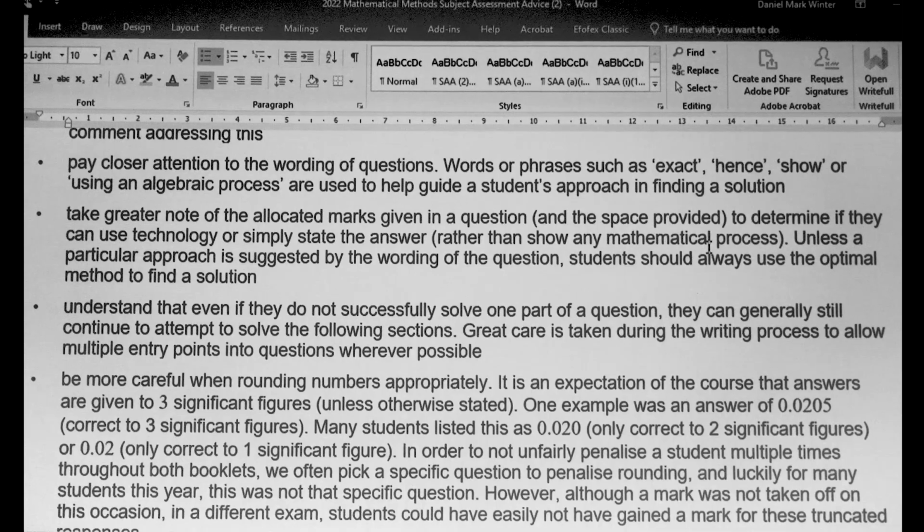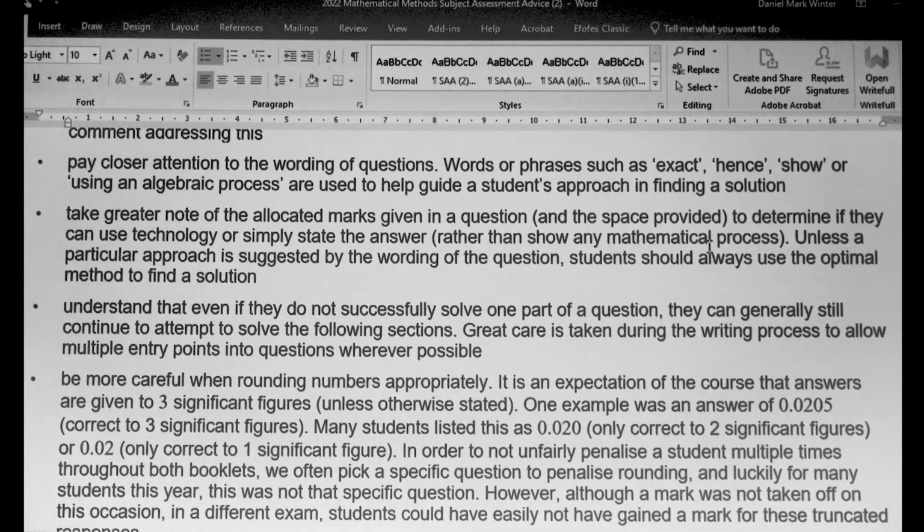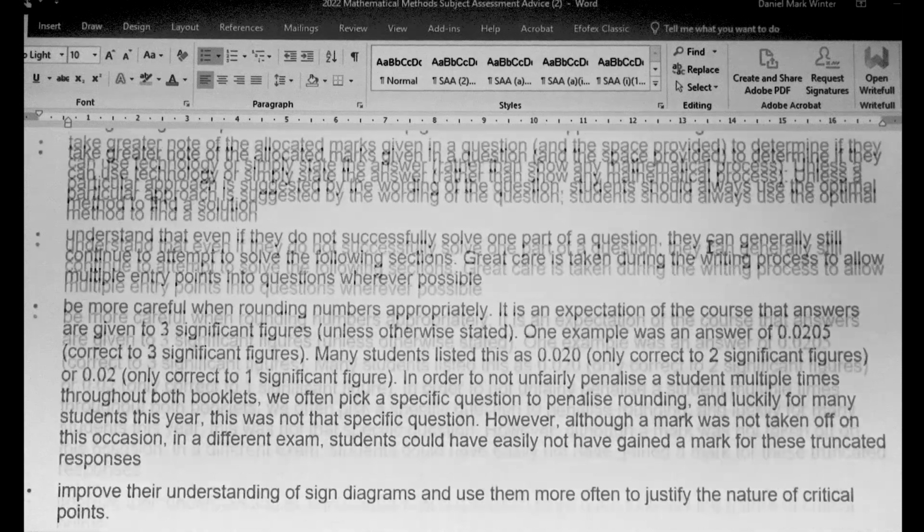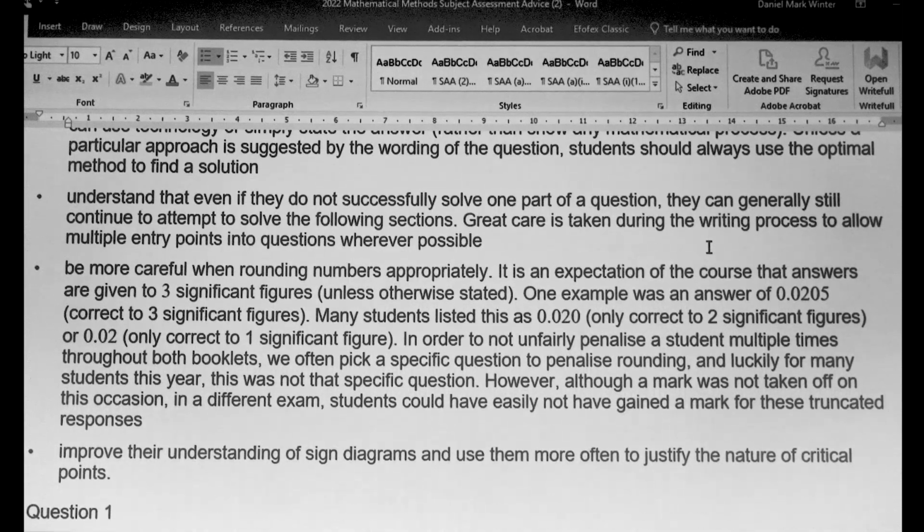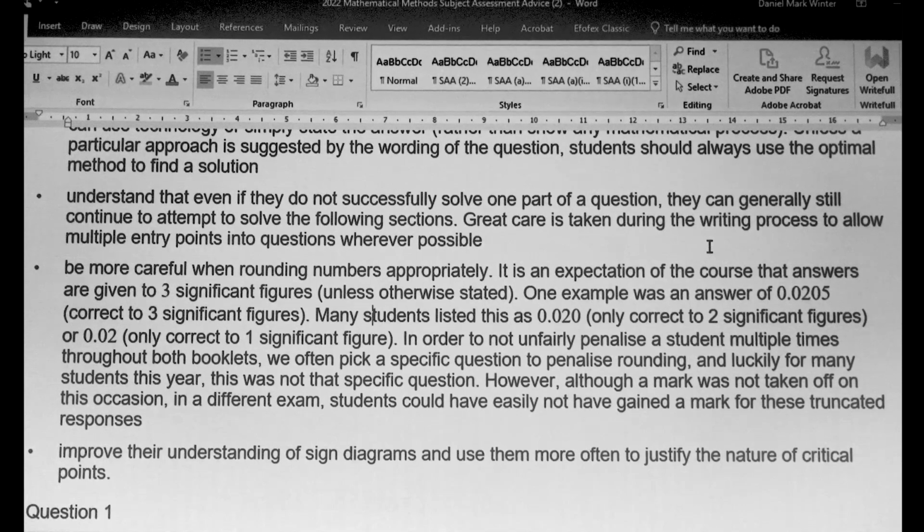So you'll see quite a few questions that show that the first derivative is given, so that even if they couldn't work out how to do that, they can use that first derivative to then say, oh, where's a stationary point or whatever. So train your kids to keep looking for ways to get back into a question even if they're not sure how to do earlier bits, and that they can use the information given in the earlier bits to help them with the later bits.